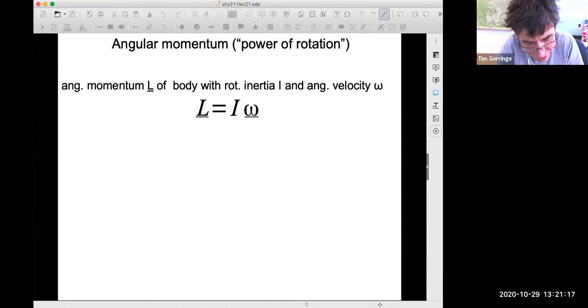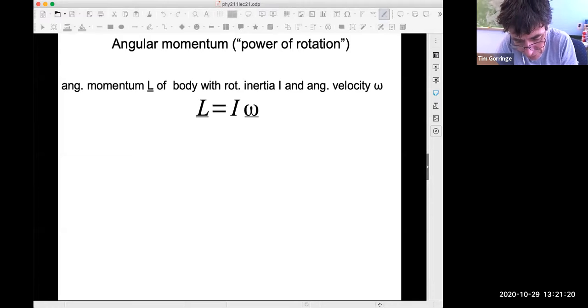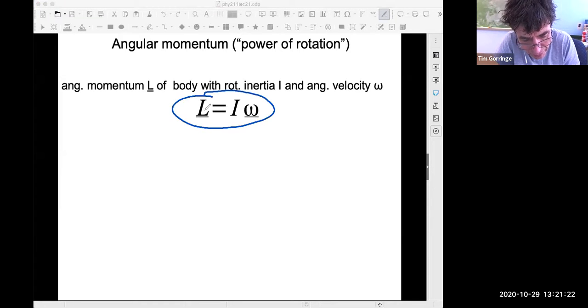So the equivalent equation is this one: for a rotating object, its angular momentum L is equal to its angular velocity omega times its rotational inertia I. And these three quantities parallel the three quantities in P equals mv: L and P, omega and v, and the rotational inertia I and the mass m. They just parallel one another.